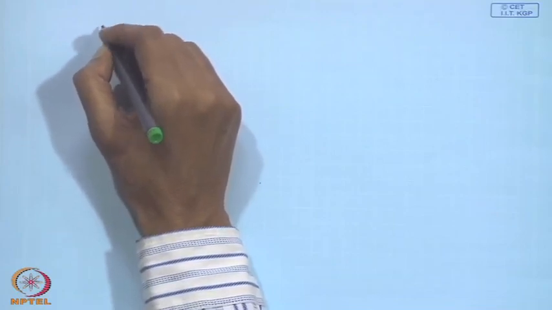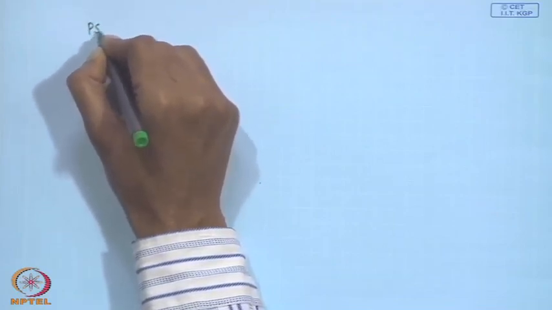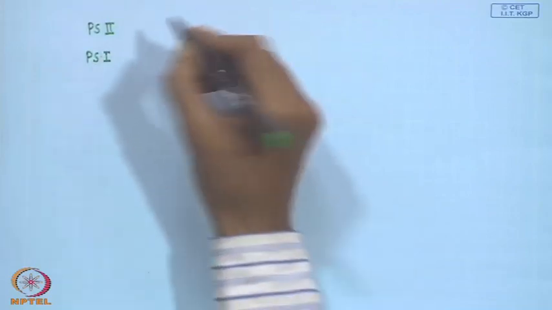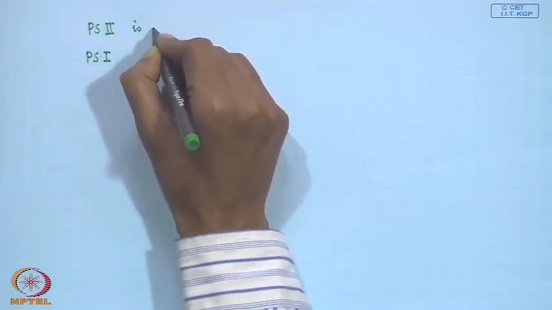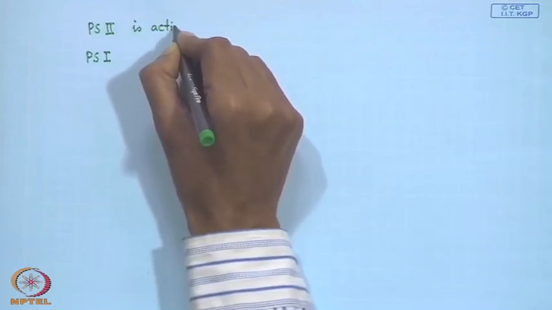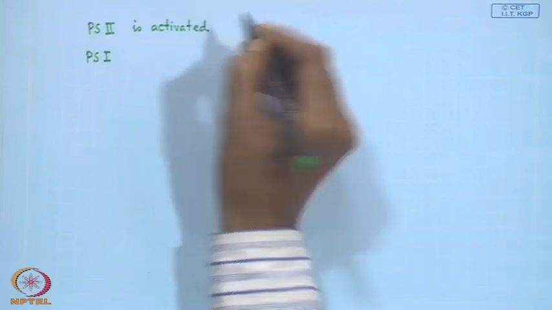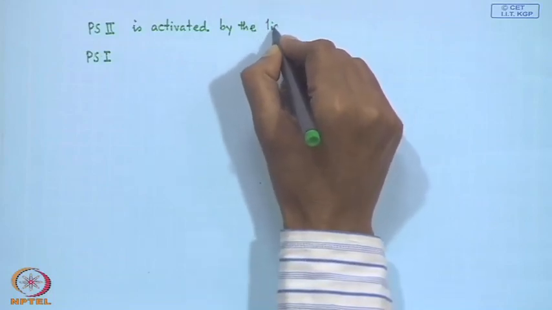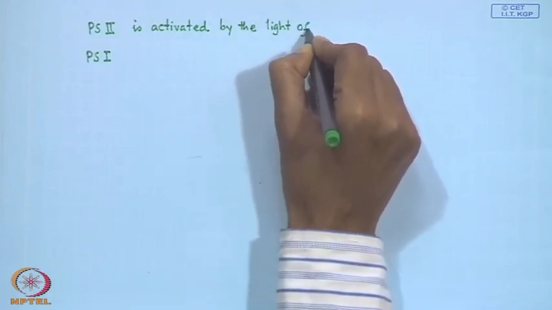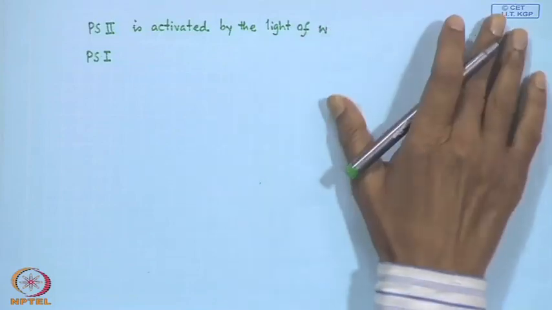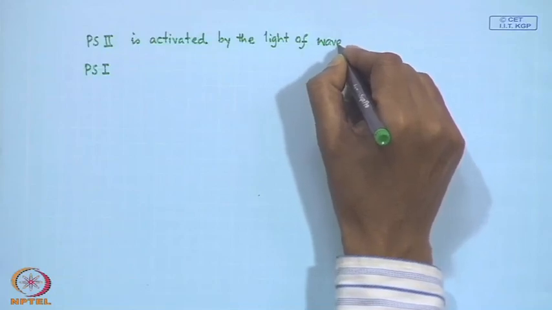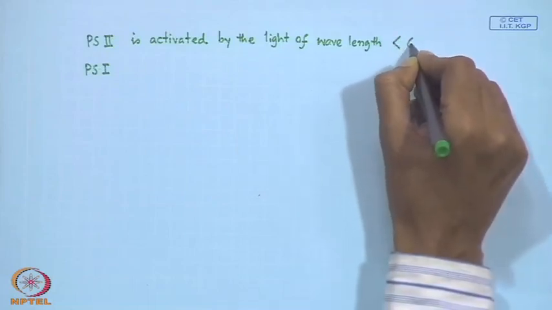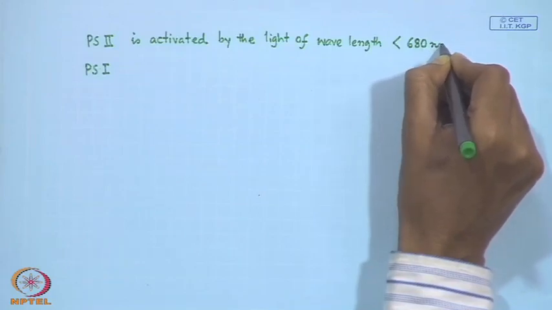Immediately from this wavelength criteria we can write that photosystem 2, this PS2, is activated by light of wavelength below 680 nanometer.